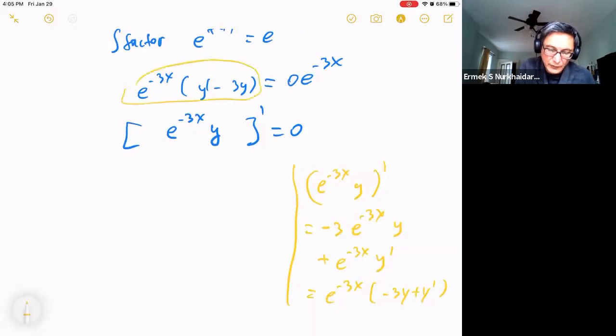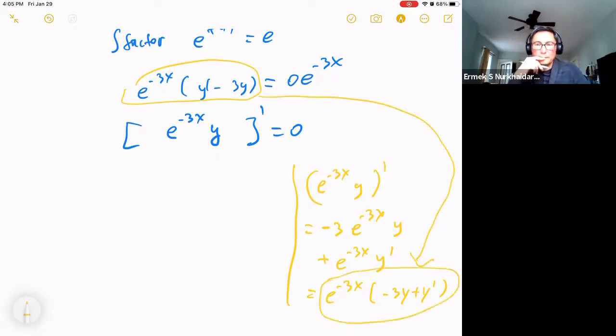So that's a side comment. You probably want to do it once or twice for yourself, just to make sure you know why the method works.